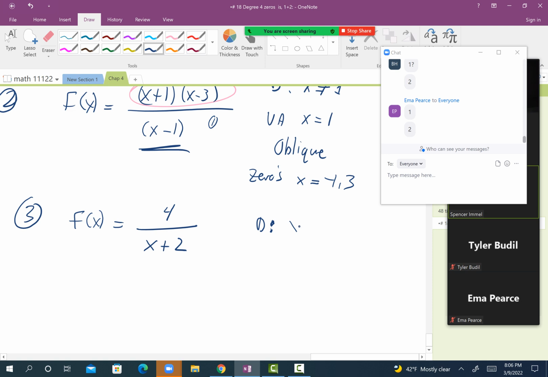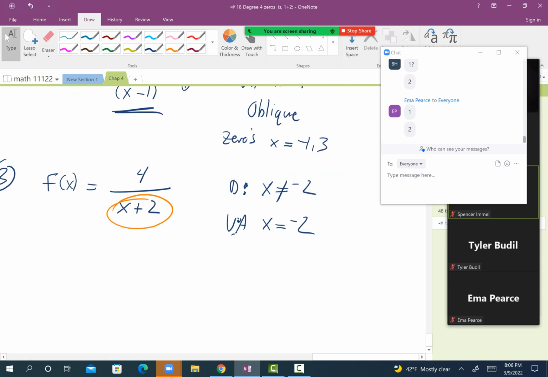X can't be -2. X cannot be -2, right? Again, bottom cannot be 0, okay? Remember I said that's the key thing? Denominator cannot be 0. Oh, hey, if I got my domain, I got my vertical asymptote right now. That's right there, okay?